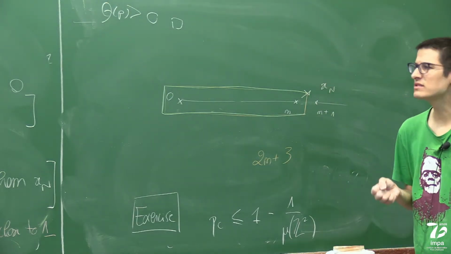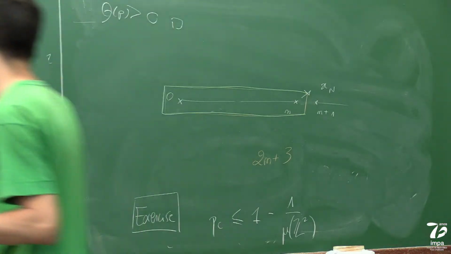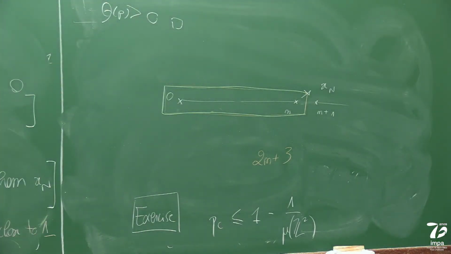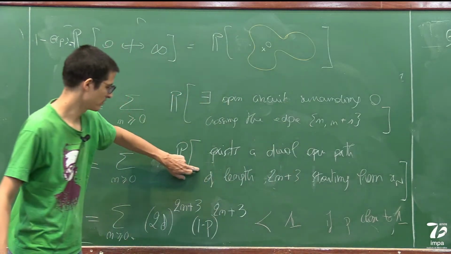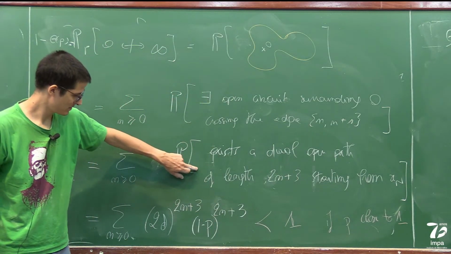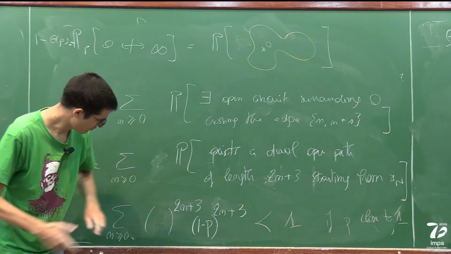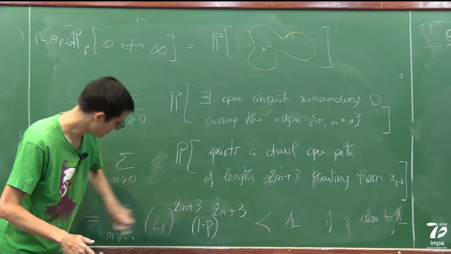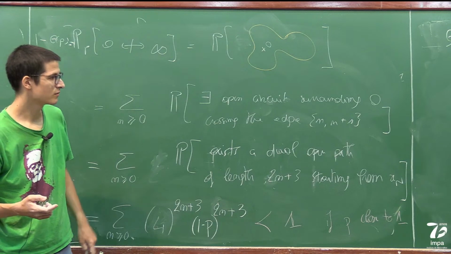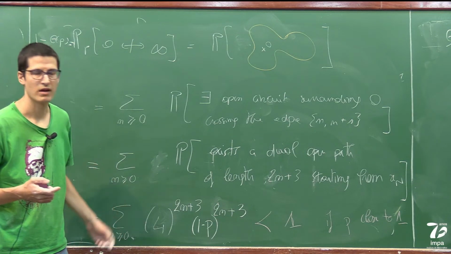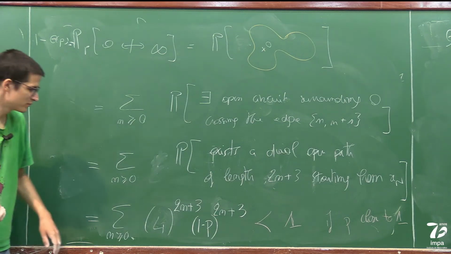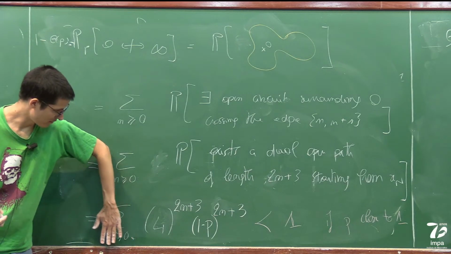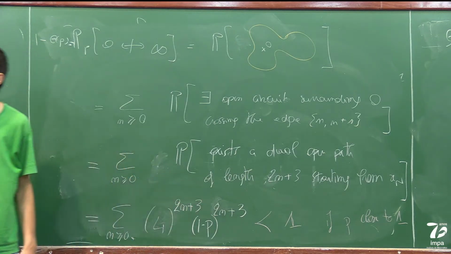So how would you do this? Well, how does mu of Z2 appear? It's basically there when you're counting the paths. Instead of putting 4 here, because we are in 2 dimensions, you can just put the number of self-avoiding paths of length 2n plus 3. But the thing is that here you do not have this, you have the full sum.